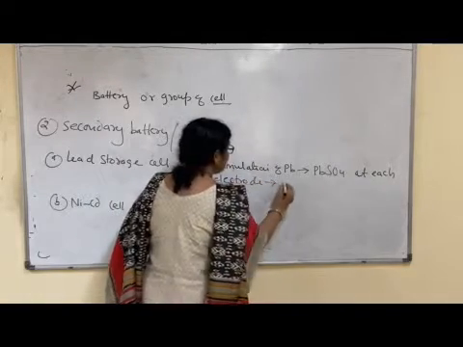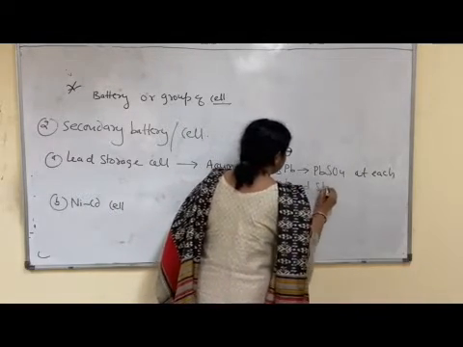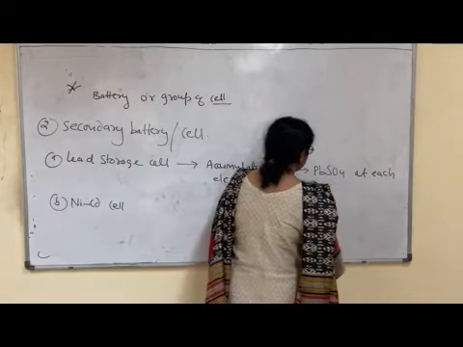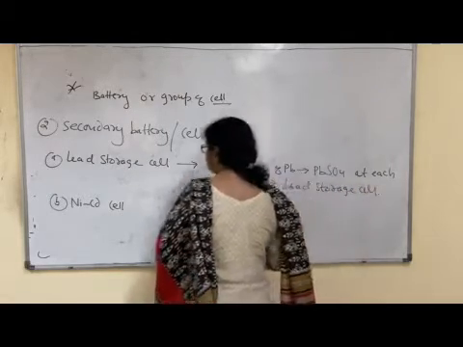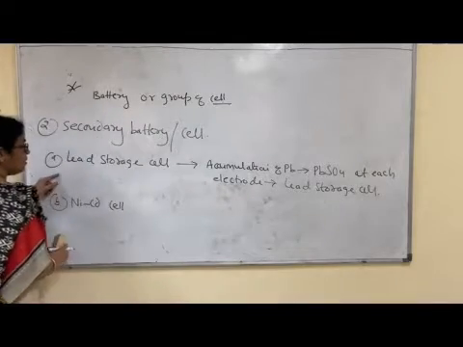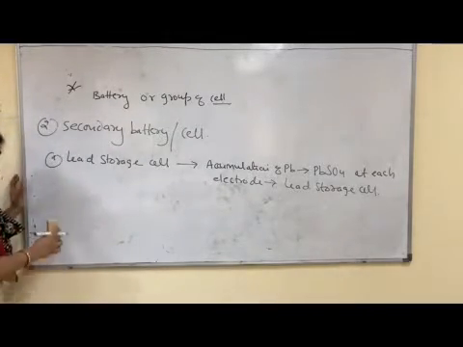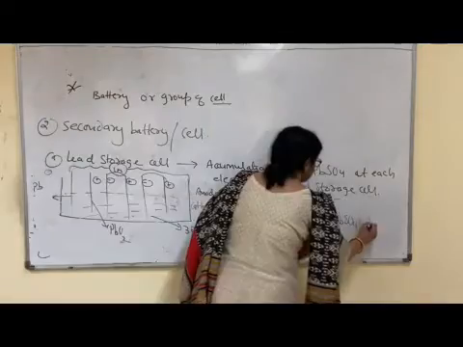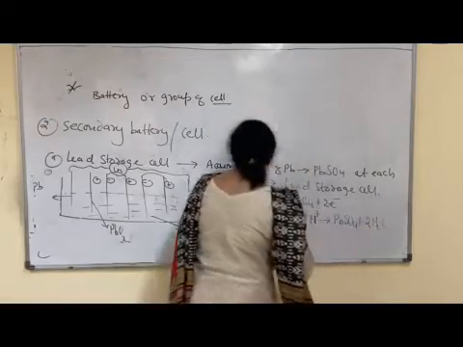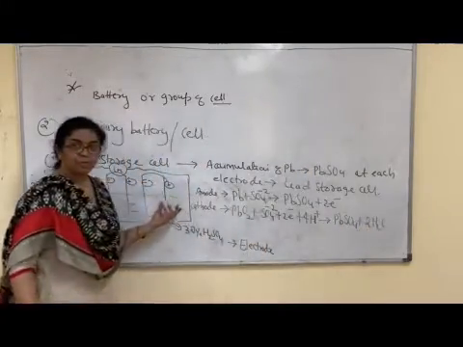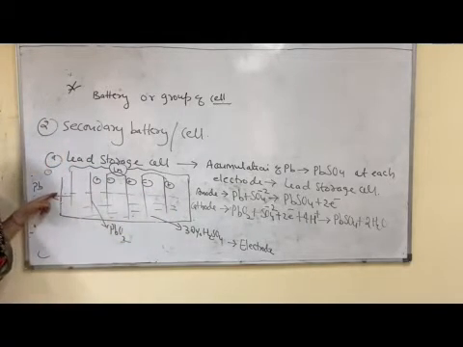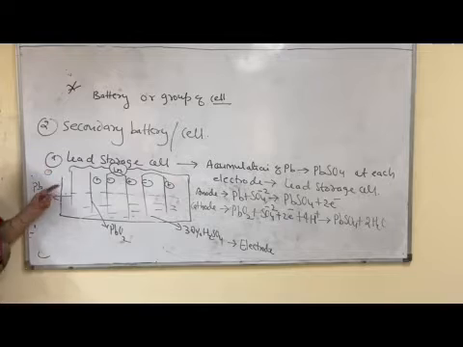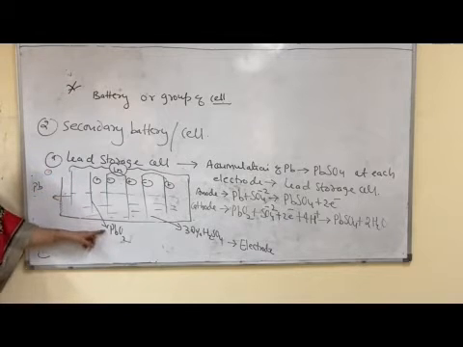This cell is also known as lead storage cell. Now, what type of arrangement is required? Now, what are the possible reactions in the lead storage cell at the anode? As you know, here the anode is made by lead and the cathode is made by spongy lead oxide, which is PbO2.